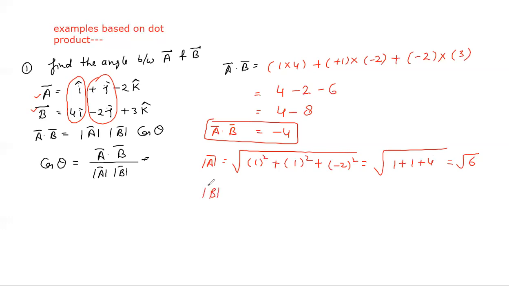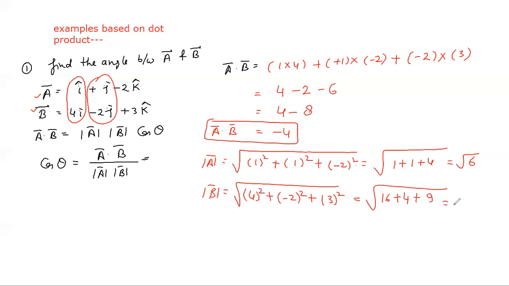And mod B equals under root 4 square plus minus 2 whole square plus 3 square. So 4 square equals 16, minus 2 whole square equals plus 4, and 3 square equals 9. After solving, we get under root 29.